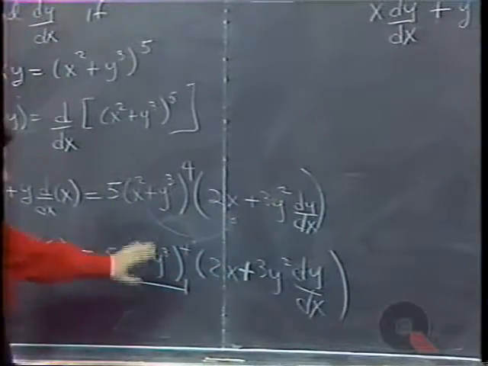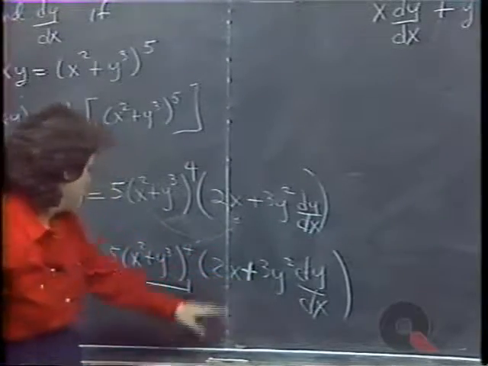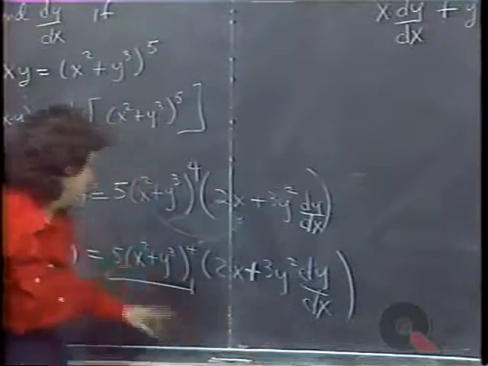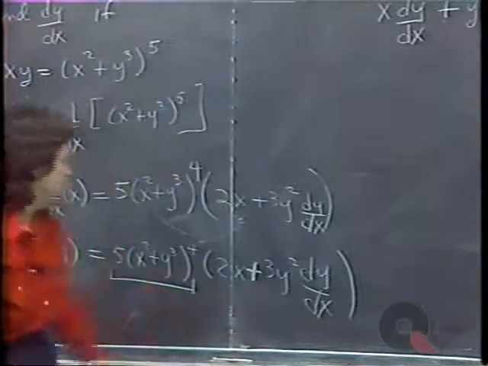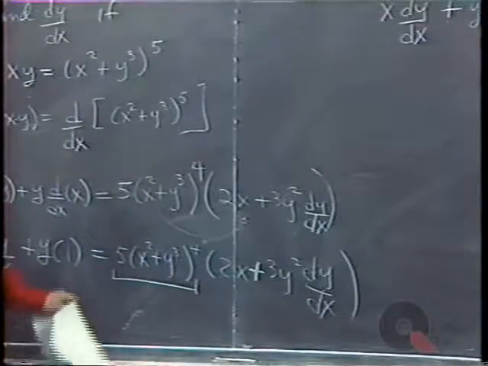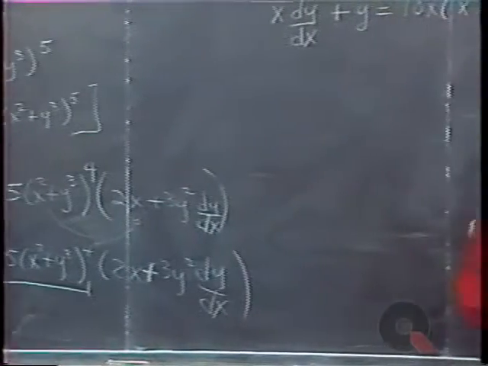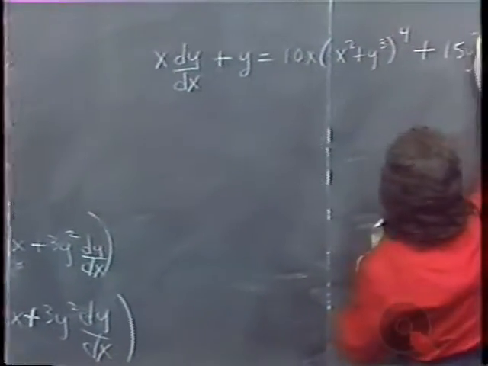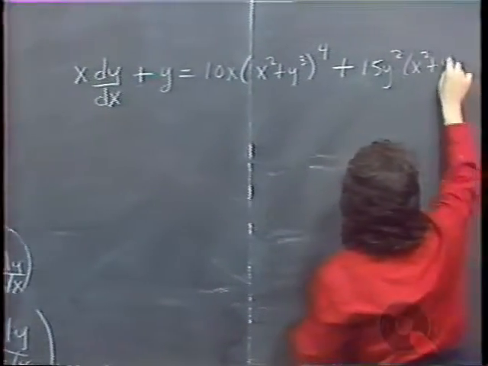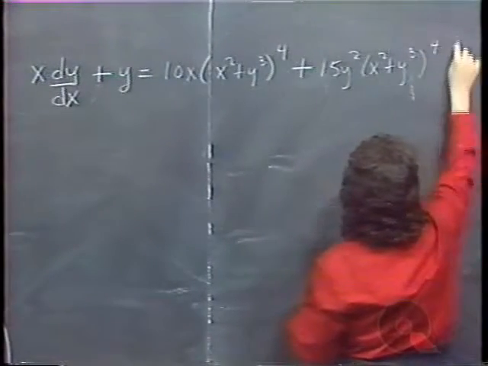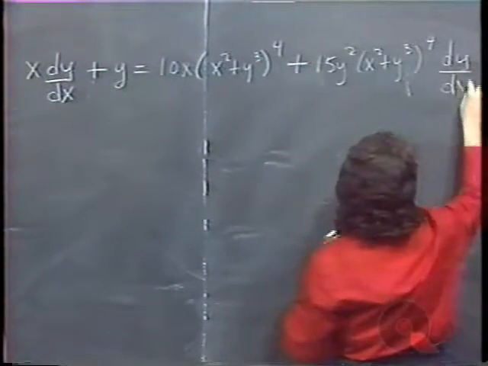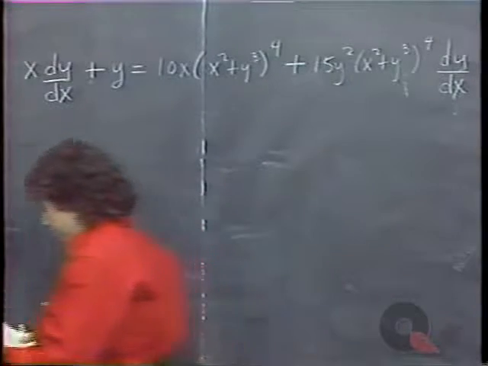So it's 5 times this thing to a power times 3y squared dy/dx. The 5 times the 3y squared, that's 15y squared times the thing to a power times dy/dx. So 15y squared times (x squared plus y cubed) to the 4th power times dy/dx.